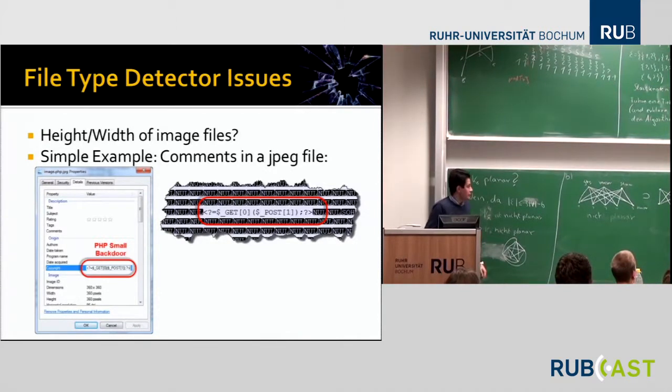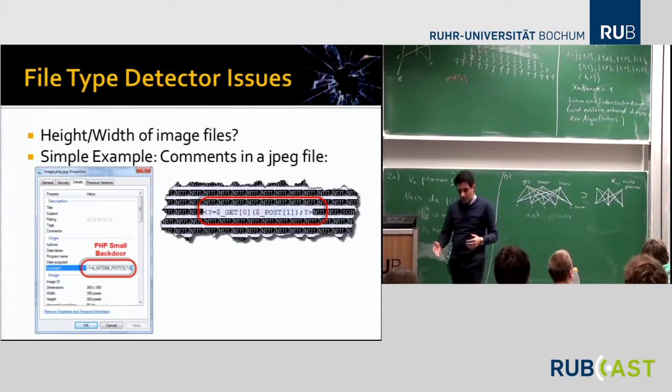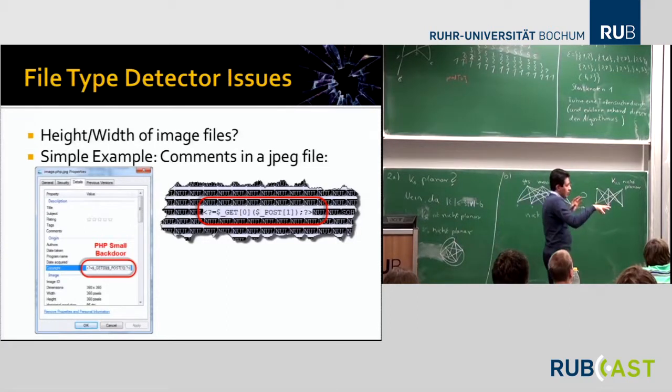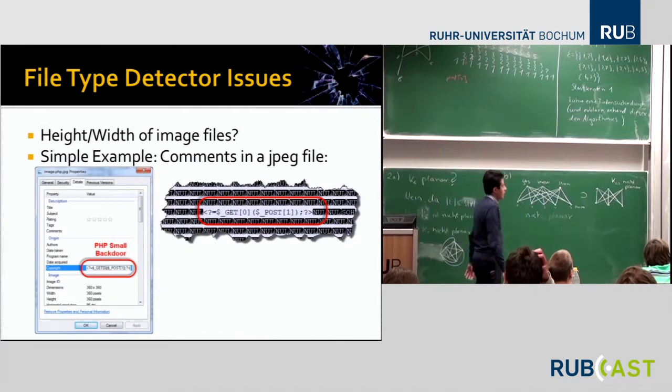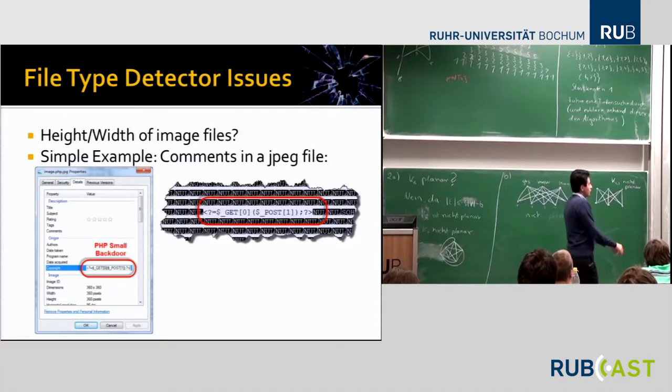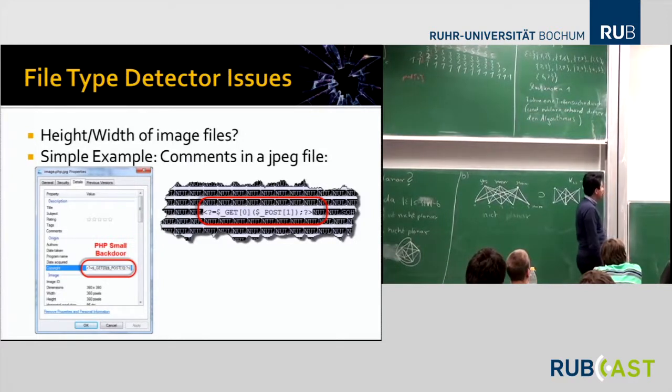File type detector issue. Okay, we have some protections in the applications. They want to make sure it is an image file. So if they can read the height and width of that file, it means it is an image. But what would happen if you insert your content into the body of that file, which doesn't actually break the file? A simple example is entering my PHP code in the copyright section.